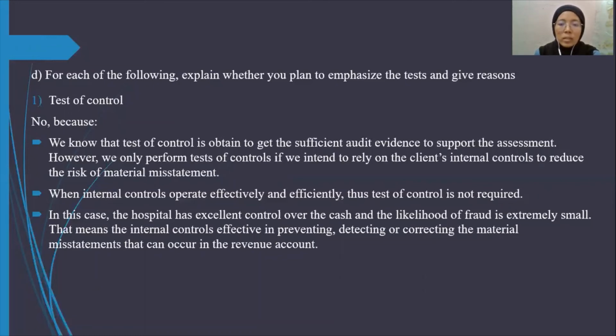Besides that, when the internal controls operate effectively and efficiently, the test of control is not required. In this case, the hospital has excellent control over the cash and the likelihood of fraud is extremely small. That means the internal control is effective in preventing, detecting and correcting the material misstatement that can occur in the revenue account.